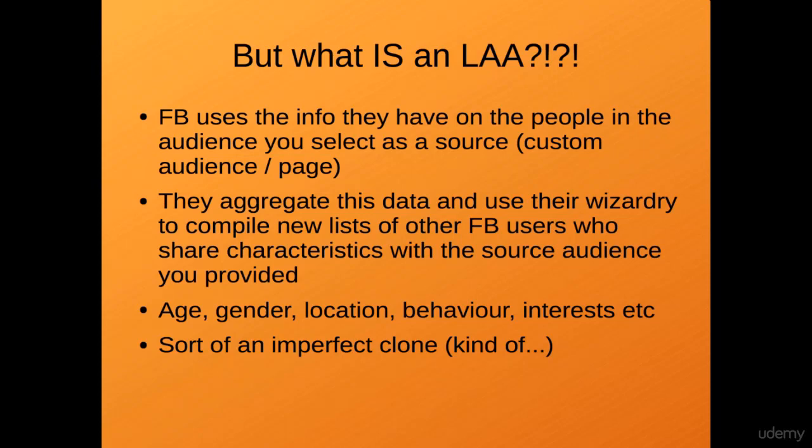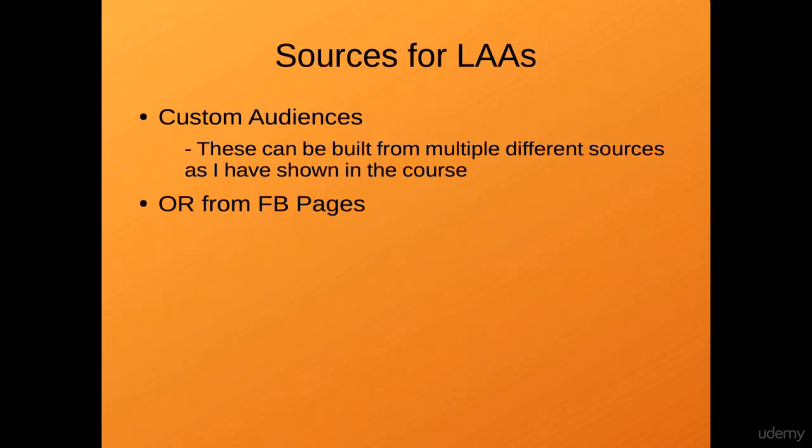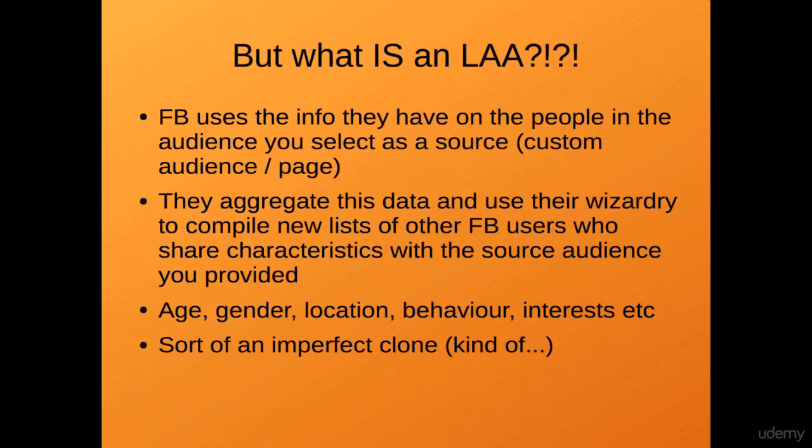So what I'm saying is they will take your source, your custom audience or your Facebook page audience, and they will look at the characteristics of the people in it, and they will then go ahead and find other people on Facebook with similar shared characteristics as your source audience.